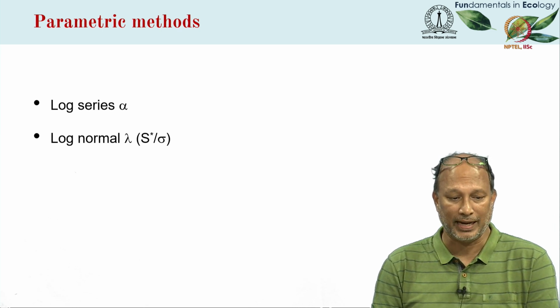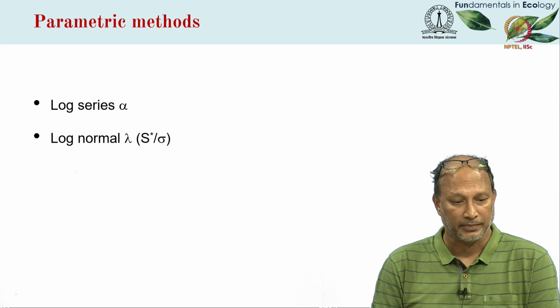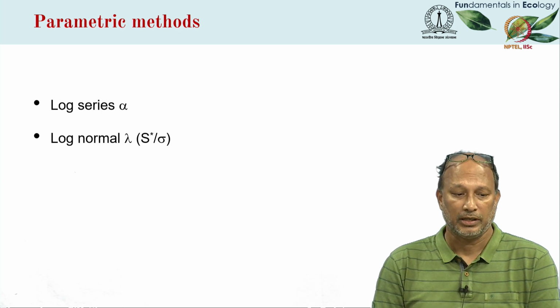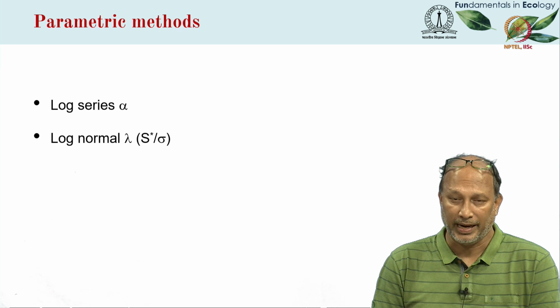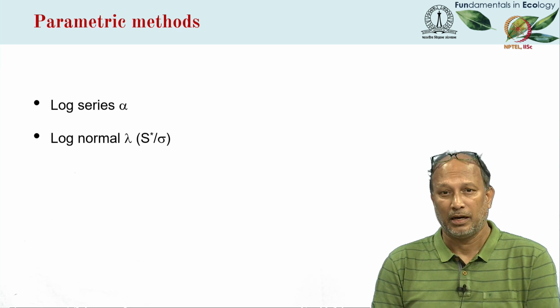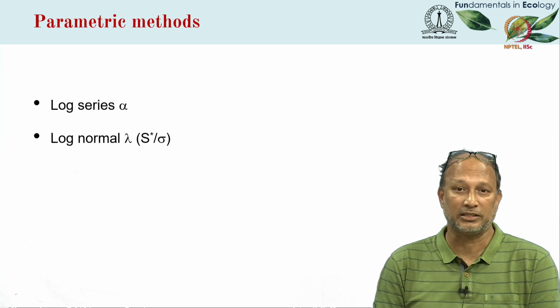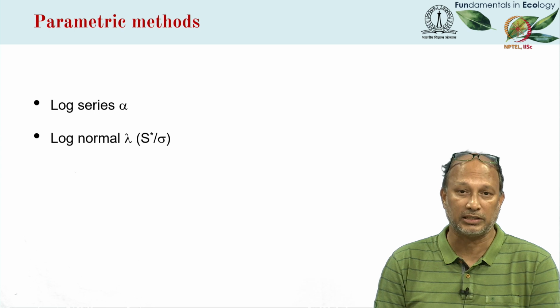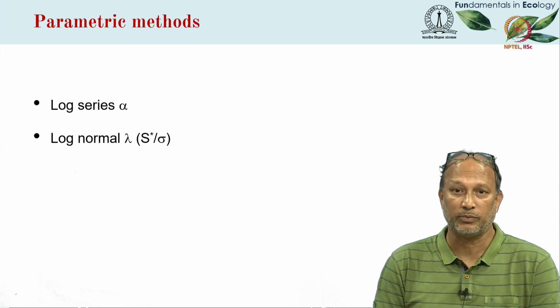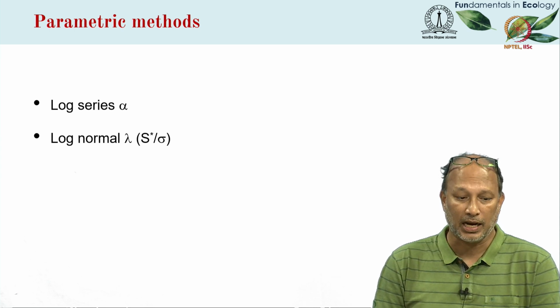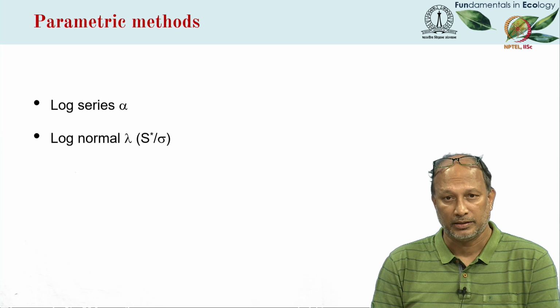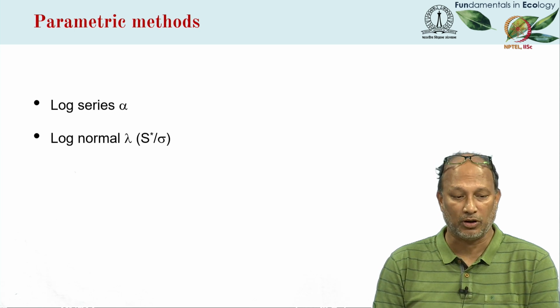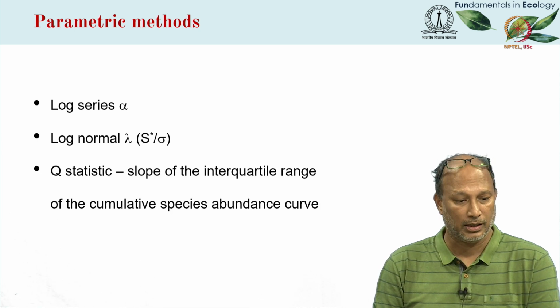There's the log normal lambda, which is S0 or S star by sigma, where S star is the number of species in the abundance class that has the most species in it, which is called the modal class, and sigma is the standard deviation of the log normal distribution.